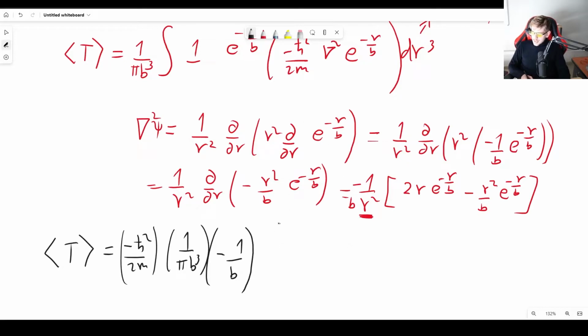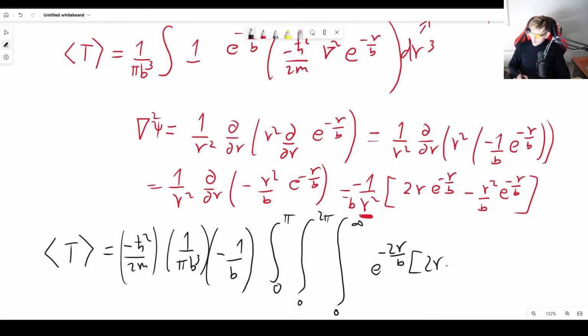Okay, now integral from 0 to pi, so that's theta, 0 to 2 pi, that would be phi, and 0 to infinity. And inside, we now have e to the minus 2r over b, and the r squared cancels out with the r squared from the d^3r, so we are left with this thing here, so 2r e to the minus r over b.